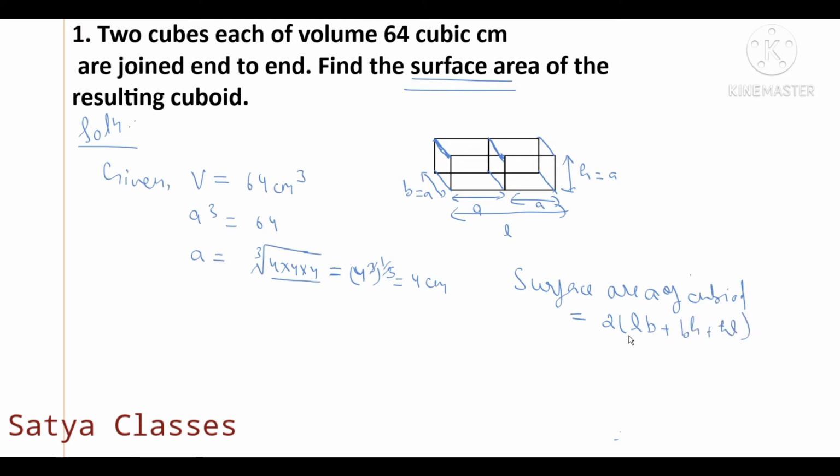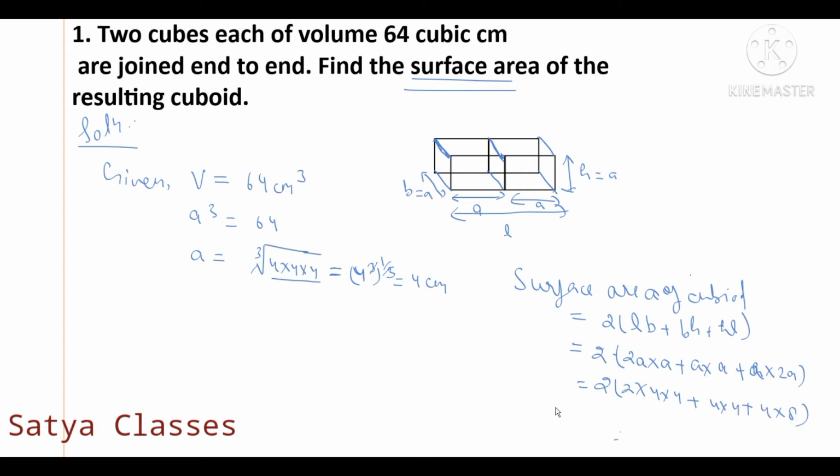Since L is twice A, everywhere put 2A where there is an L. So A into A, plus A into A, plus A into 2A. Put all the A here. The value of A is 4. So I am putting 4, thereafter 4 into 4, thereafter 4 into 8.